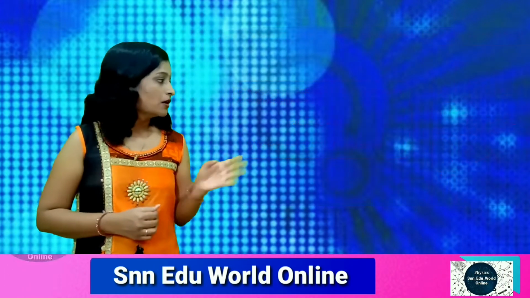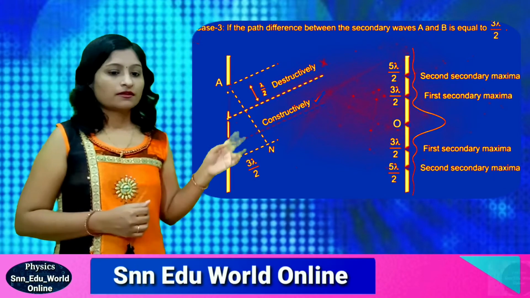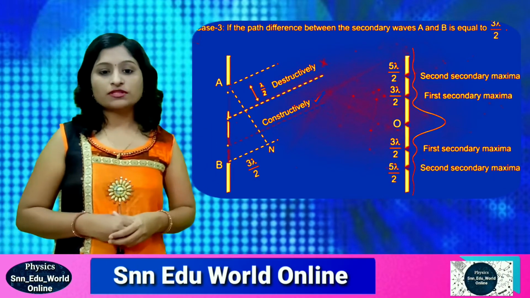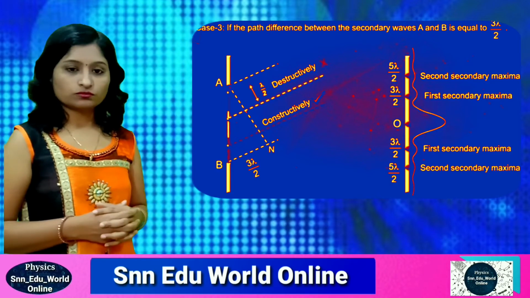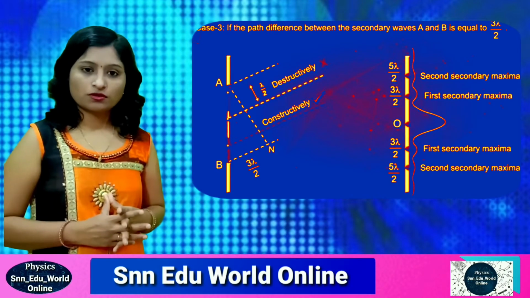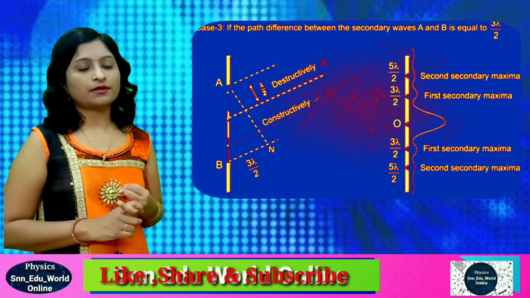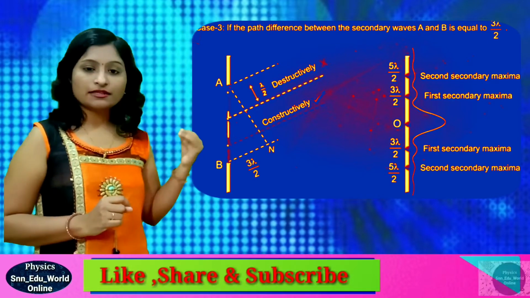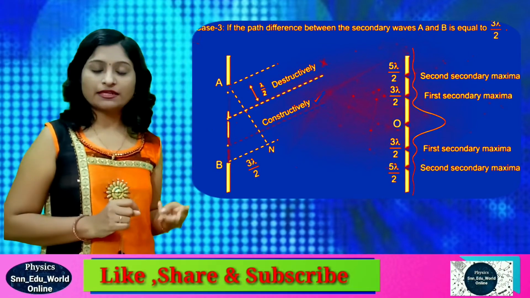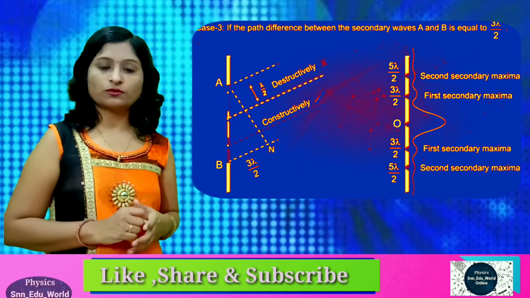Okay, now consider the next case where the path difference, suppose, is 3 lambda by 2. So now it is an odd integer multiple of lambda by 2. So we have considered lambda and 2 lambda. Now if it is 3 lambda by 2, imaginary divide this slit into 3 different slits of equal length, lambda by 2, lambda by 2 and lambda by 2.